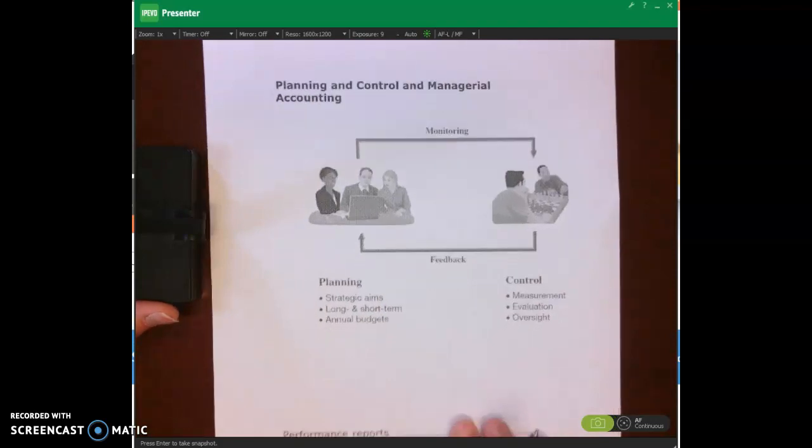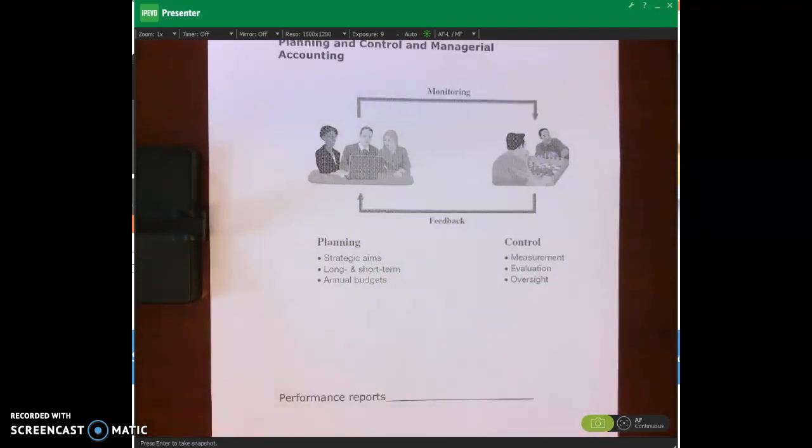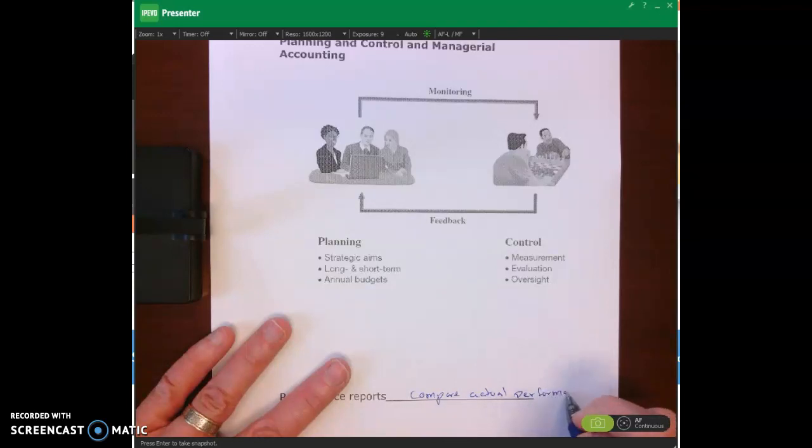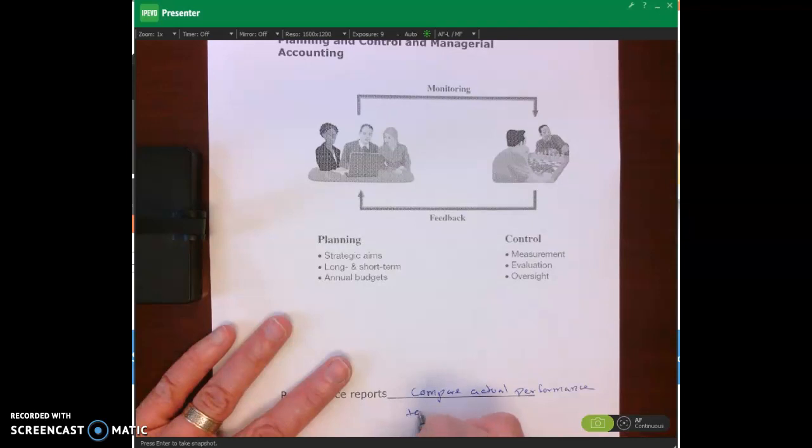One aspect that helped us do that were performance reports. Okay? Performance reports helped us to compare actual performance to budgeted performance.